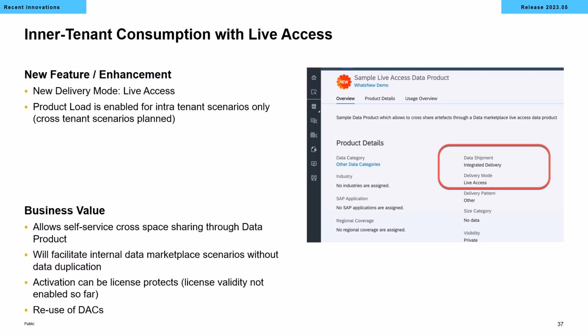Now, if the data provider is available within the same tenant, we can have inner tenant consumption with live access, meaning we use data sharing, as you know it, as a vehicle to avoid physical data transfer if the data is already there. That is a new feature also integrated with the data marketplace.